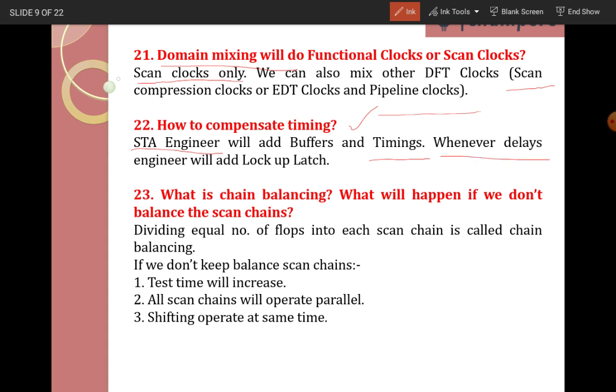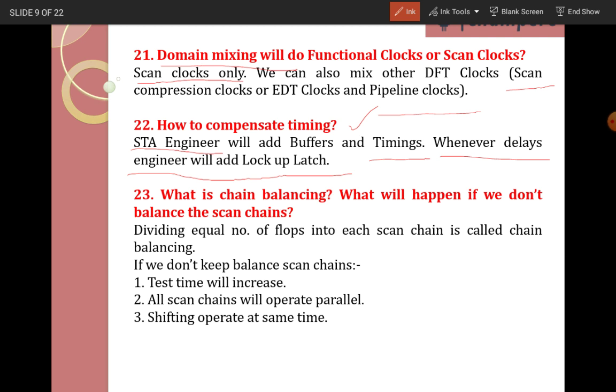The DFT engineers will add lockup latches, but the STA engineers are the main ones. While doing timing simulation, we have to read the SDC file and SDF file, which consist of the timings.